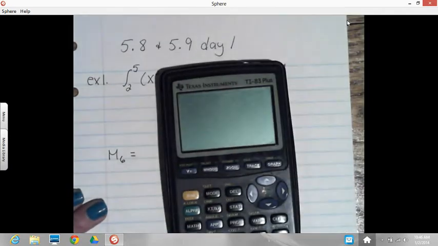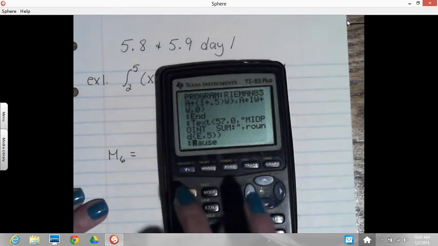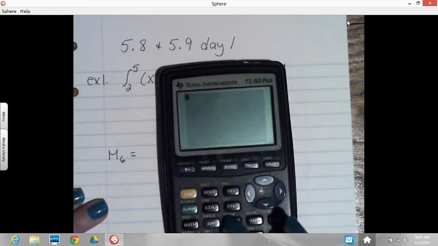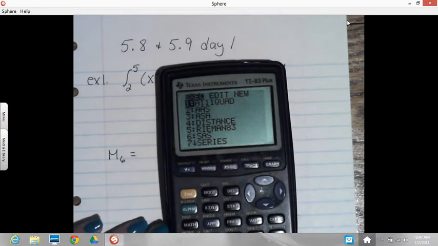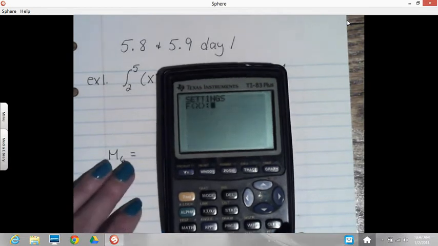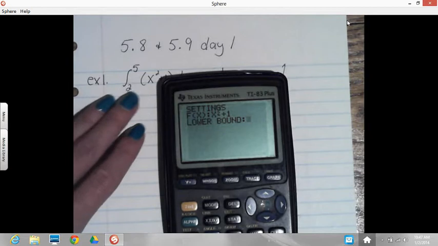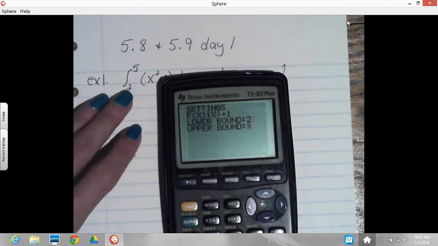And we're not going to do it by hand again. So I'm going to run the program, the Riemann program. Oh, that's not what I wanted. That's a long program. Okay, program, Riemann. So I put my function in there, x squared plus 1. The lower boundary was 2. The upper boundary was 5.